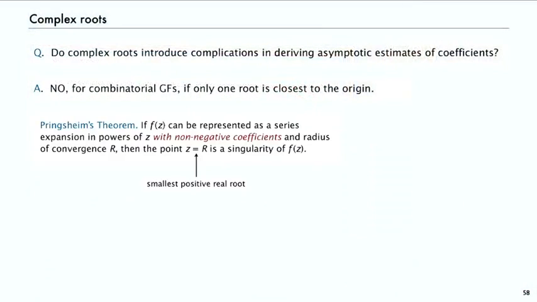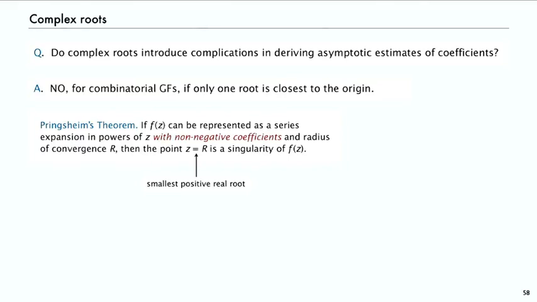And not only that, there's a theorem called Pringsheim's theorem that says that if you've got a generating function that has non-negative coefficients, and of course the generating functions that we get for analytic combinatorics always have non-negative coefficients because we're counting things, and it's got radius of convergence r, then the point z equals r, that's a real number, the smallest positive real root, is a singularity of the function.